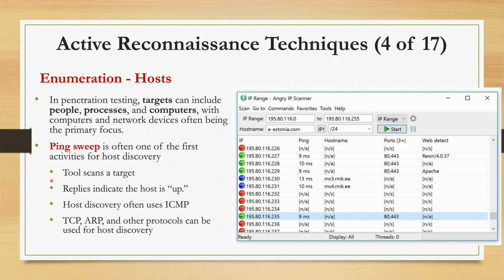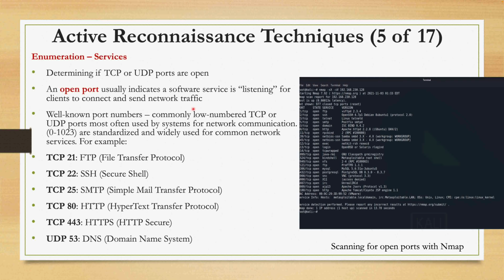And there is Masscan, a high-speed scanner for large-scale host discovery. So you can see that host discovery is a critical first step in penetration testing. By using all these options, you'll be able to get an idea which hosts are available. Now, for the second part here, services.